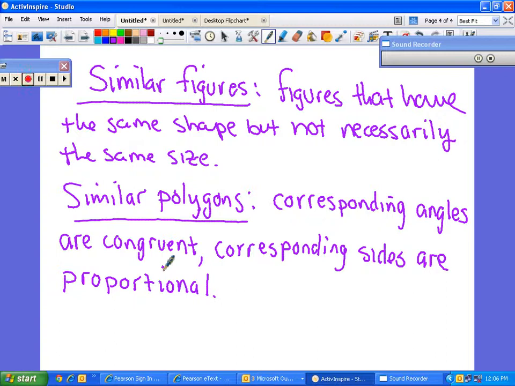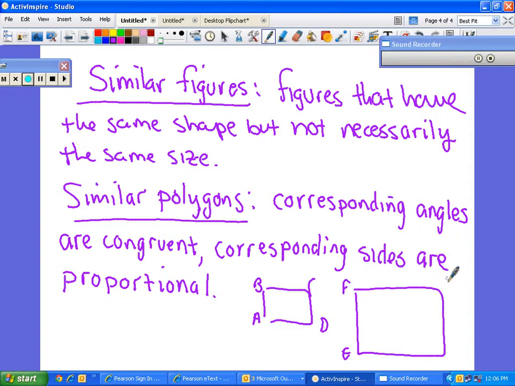So if I have two rectangles, A, B, C, D, and then I have another rectangle, E, F, G, and H, angles A and E are corresponding angles. They're in the same spot, but on different figures.